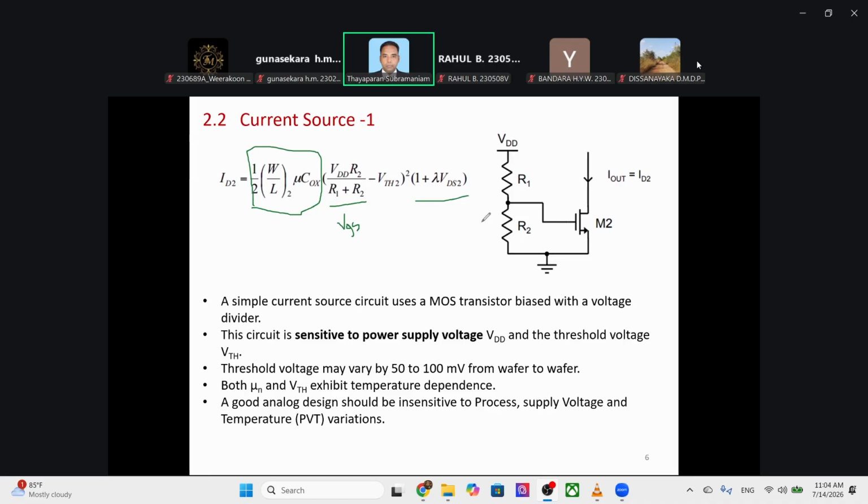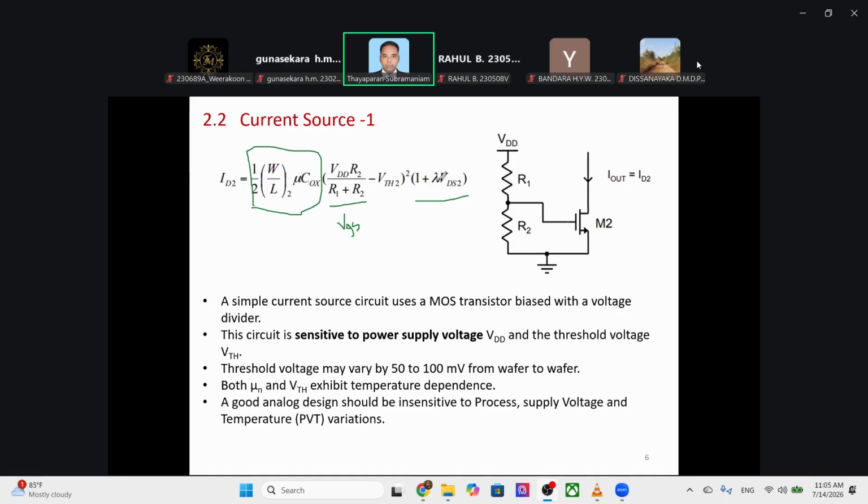So we try to keep VGS constant by having a potential divider. But however, variation in VDD is going to affect here. So if VDD is plus or minus 10%, this is going to affect, sorry, quadratically, because this is square, right?